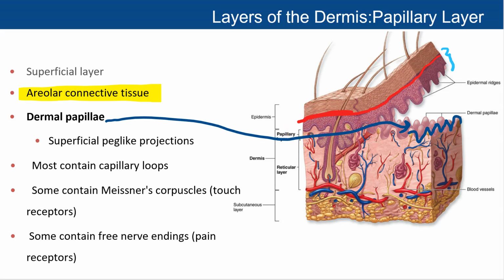So in this way, we can see many capillaries, or tiny blood vessels, in this layer, and also some receptors such as Meissner corpuscles, which are touch receptors, and pain receptors, which are free nerve endings.